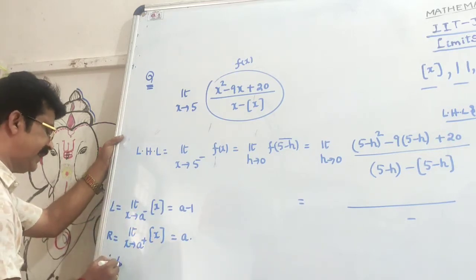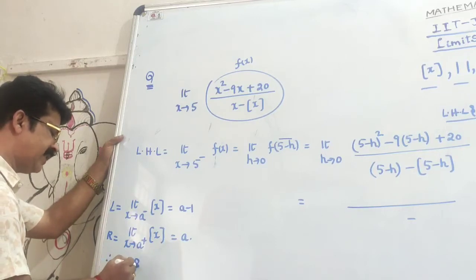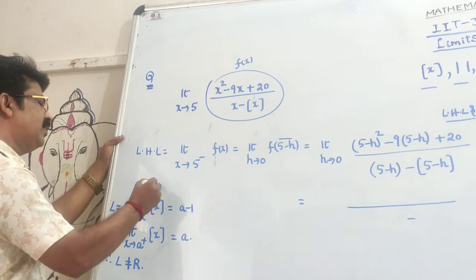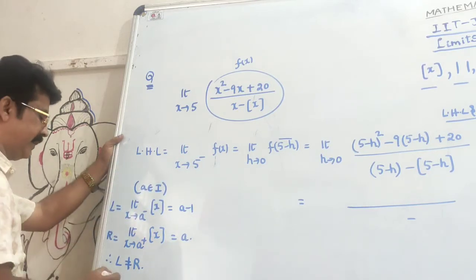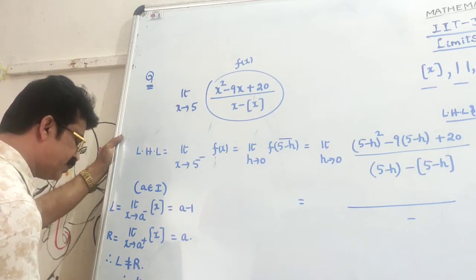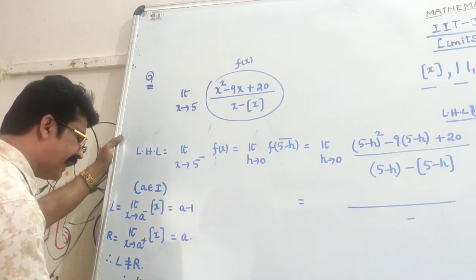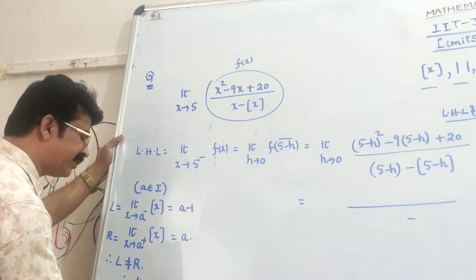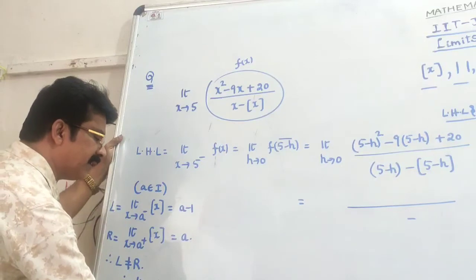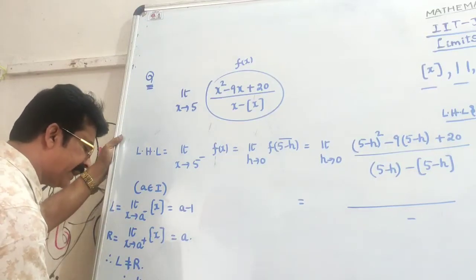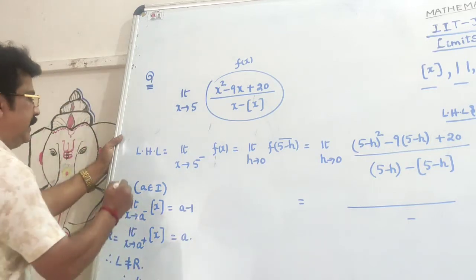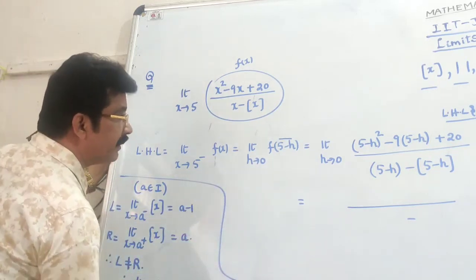So clearly left hand limit is not equal to right hand limit, whereas a belongs to I, meaning integer. So therefore limit x tends to a, box of x does not exist. Remember, does not exist, within bracket a belongs to I, integer or Z. It is the basic concept or base.